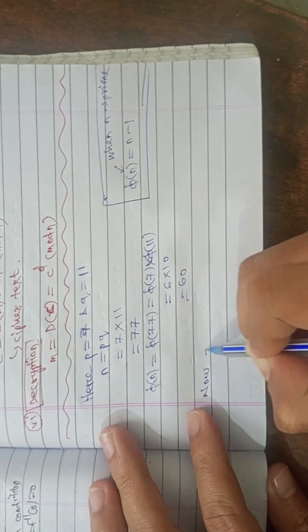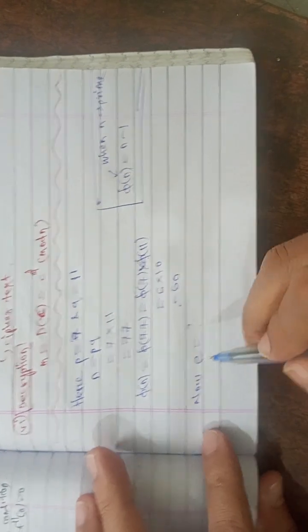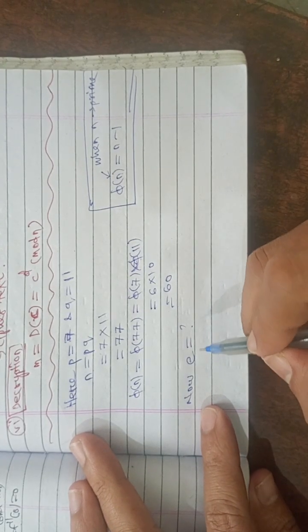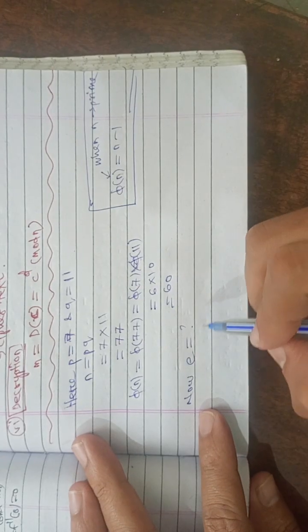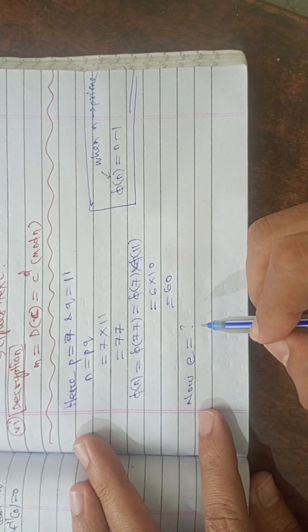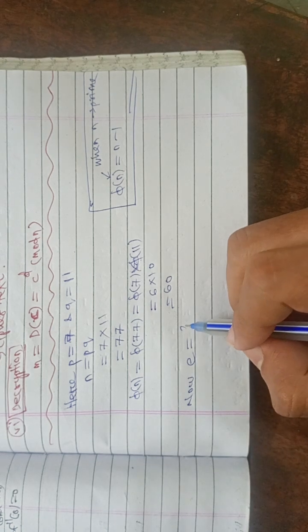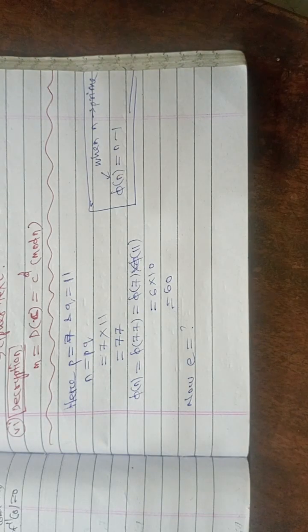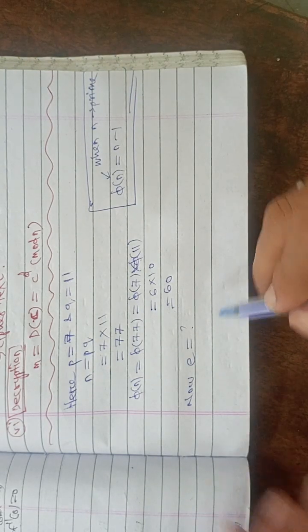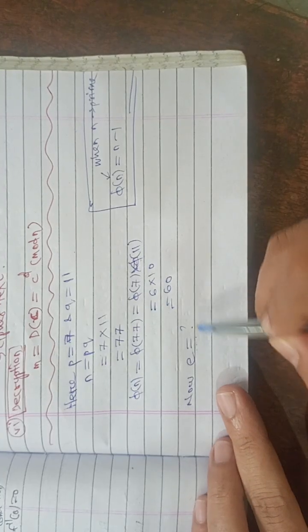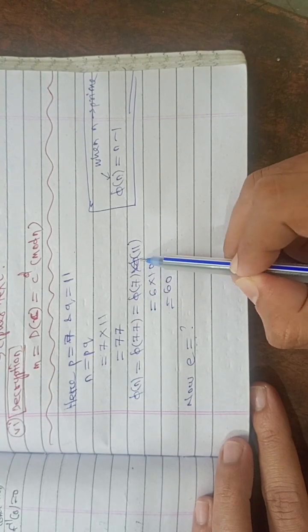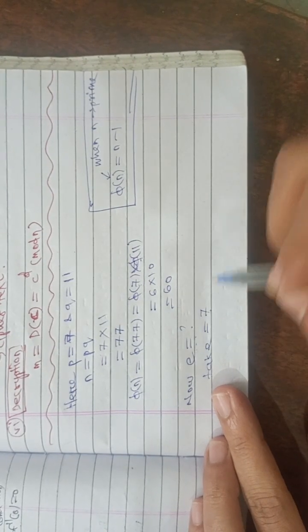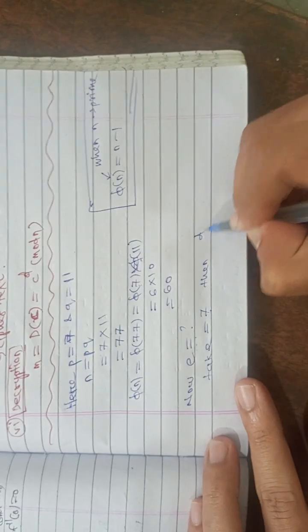Now we have to find e. E we should take from these two distinct primes, 7 or 11. So we take E equals 7.